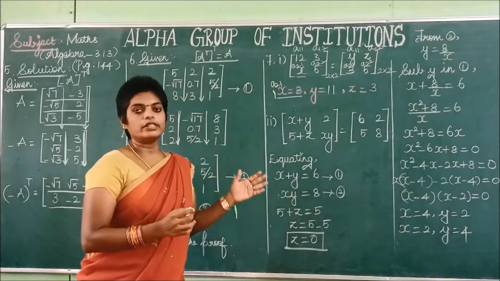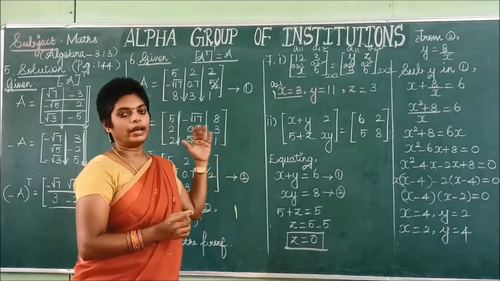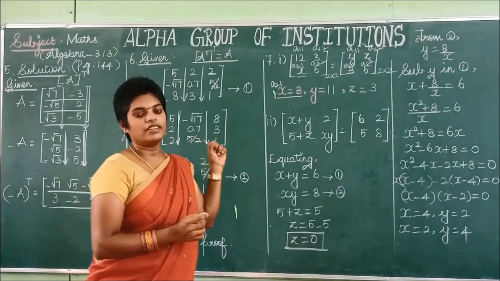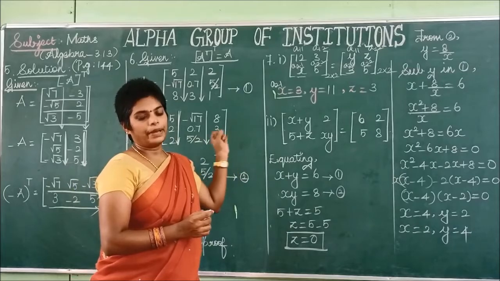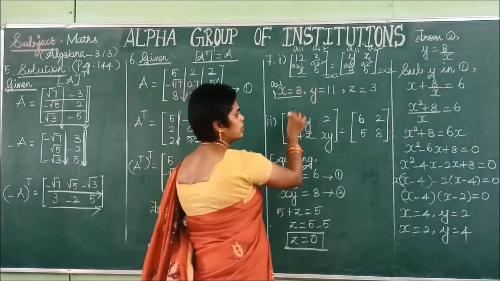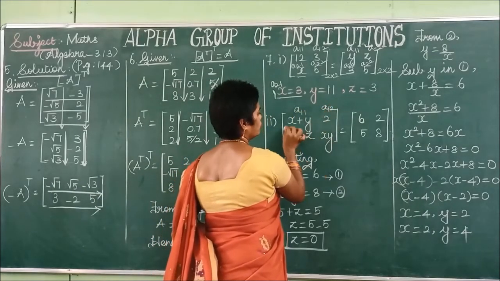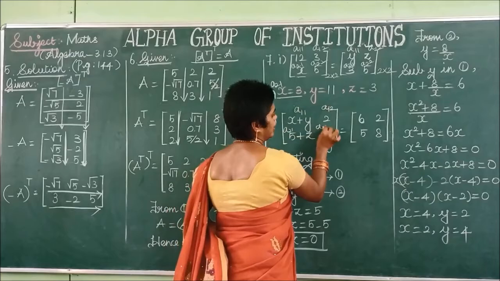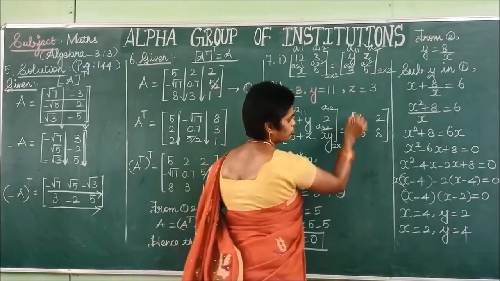So if they give you some matrix with the variables x, y, z or a, b, c, you can compare the two matrices. First check whether they are of the same order or not. Then compare the entries and find out the values. So listen to this. This is also A11, A12, A21, A22, of order 2 cross 2.